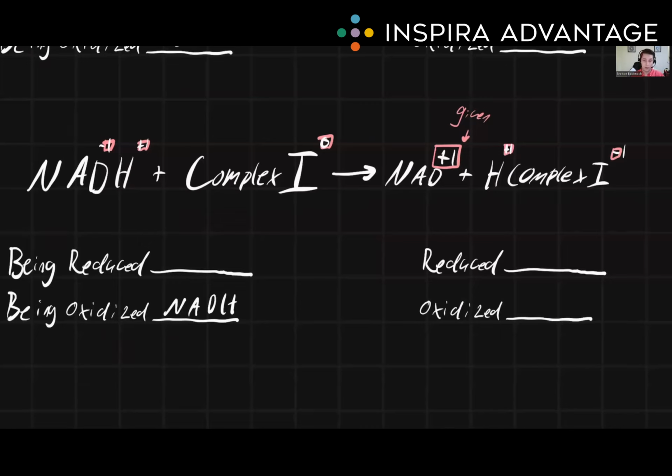Therefore, it's gaining electrons and being reduced. So we'll put complex 1 right there. And we can fill in the product side. So if our NADH is being oxidized, well, the oxidized form was just NAD+. And then this leaves us with the reduced must be H complex 1.